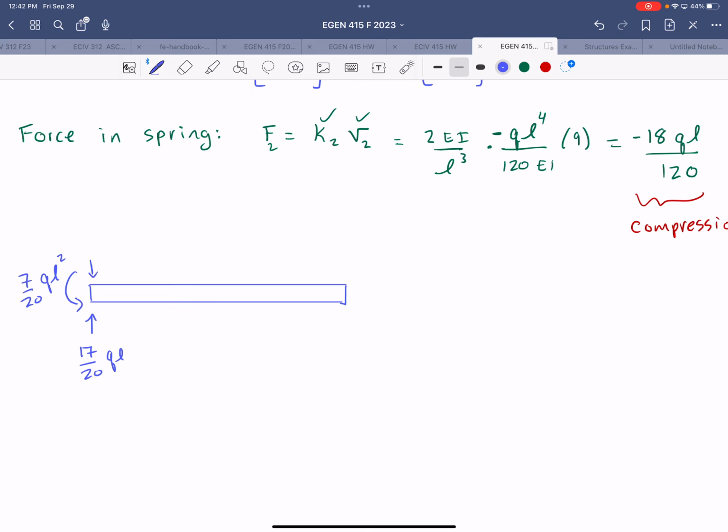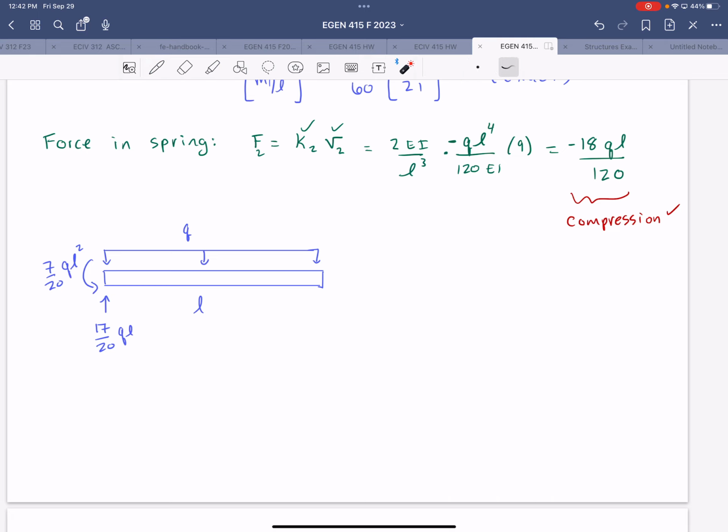We have the applied load, we don't want to forget about that, that's Q, length is L. Since the spring is in compression, it's going to be acting upward on the beam.